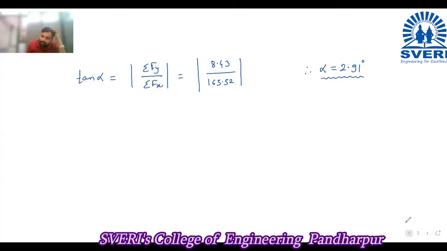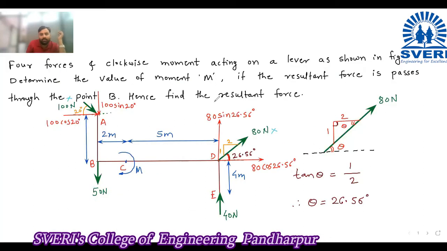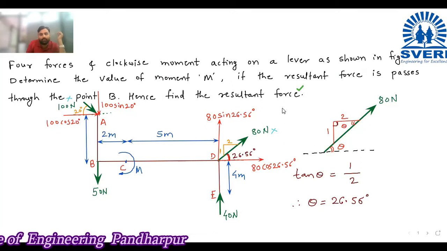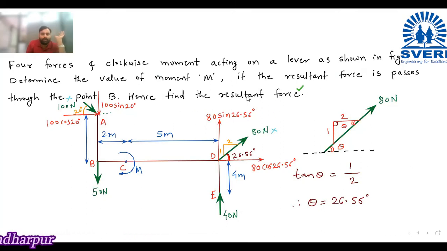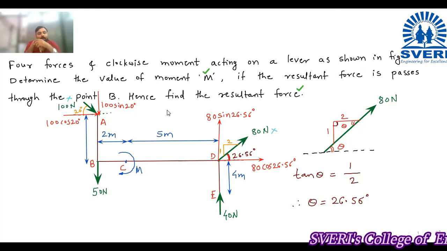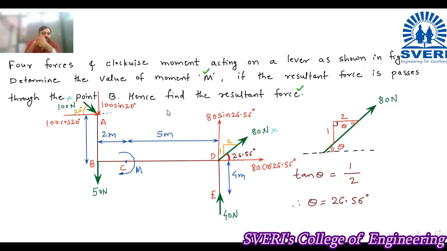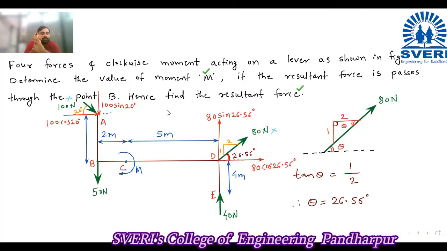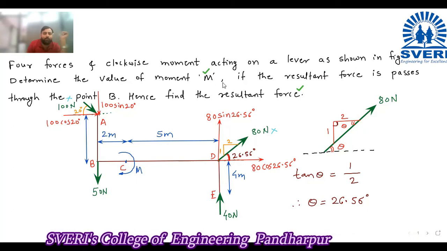Now what they have asked in the numerical: we have already found this, so this part is over. Find out the resultant force, okay. Now look at this: determine the value of moment m. We have not yet found the value of m. So now we are going to find it.